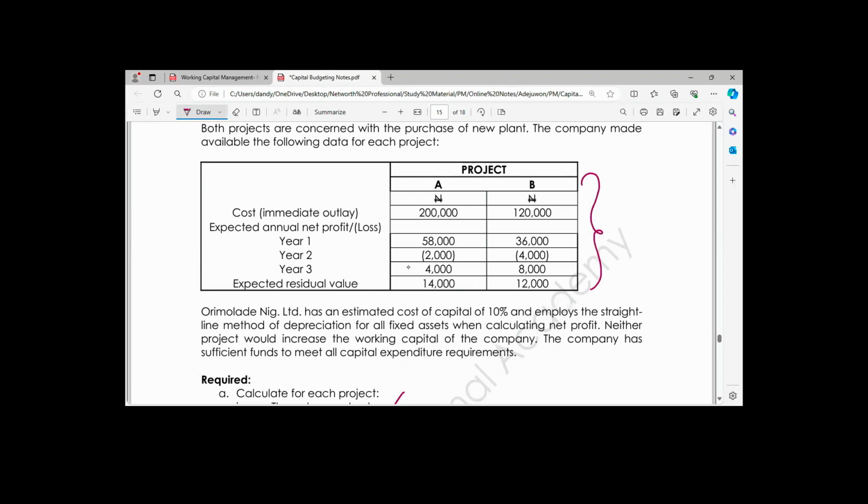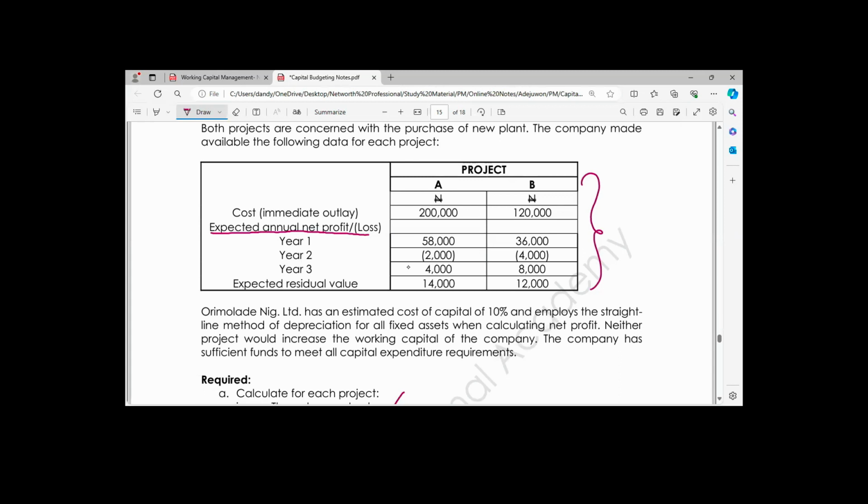Rather, what the examiner has hidden for you is expected net profit or loss. But an average student will not realize that this is profit or loss. He or she may think that this is cash flow and just begin to solve straight away.